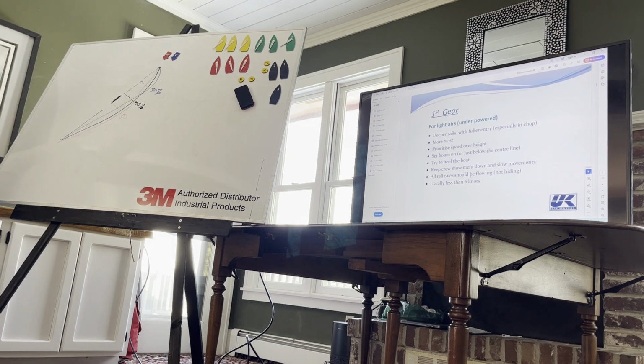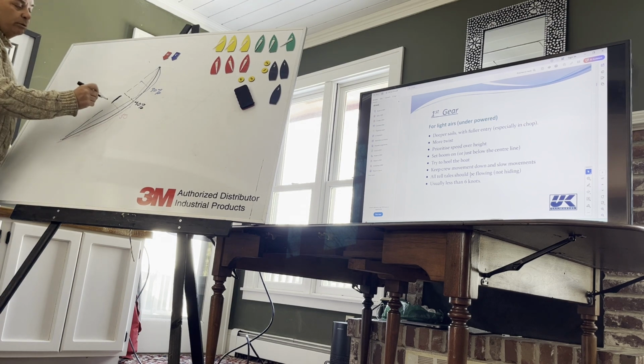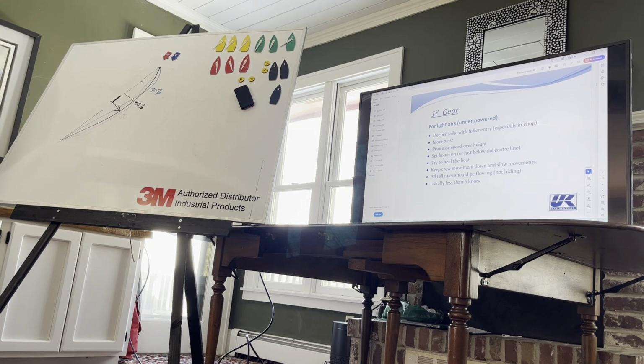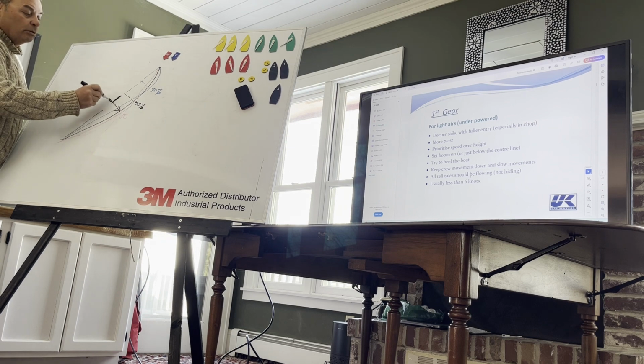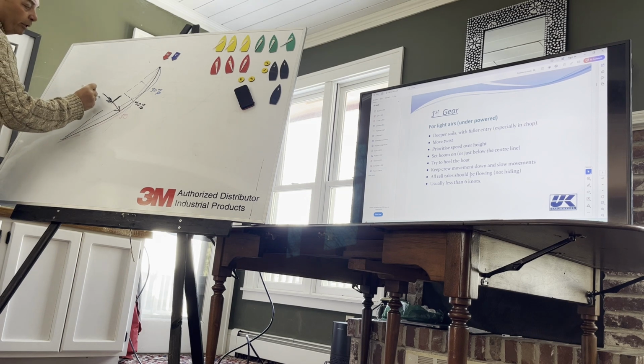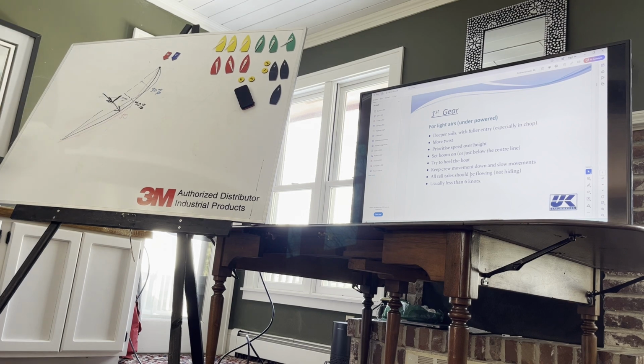And at 50%, it's pushing sideways on the keel. At 30%, it's pushing more forward, which is why we're getting speed and acceleration versus pointing.